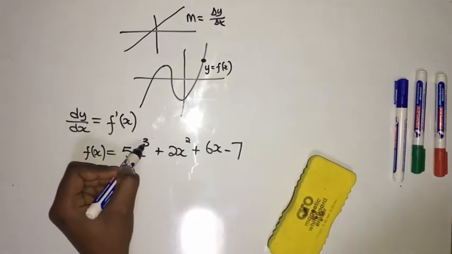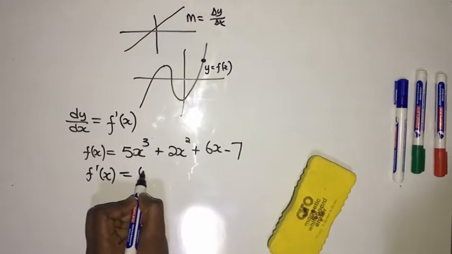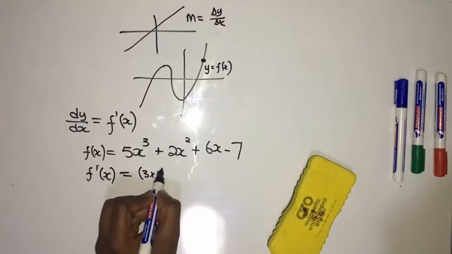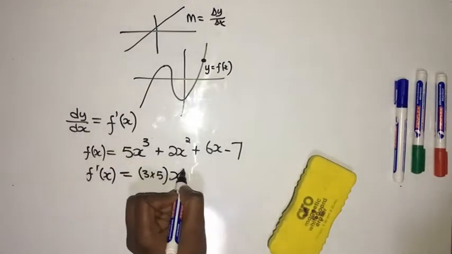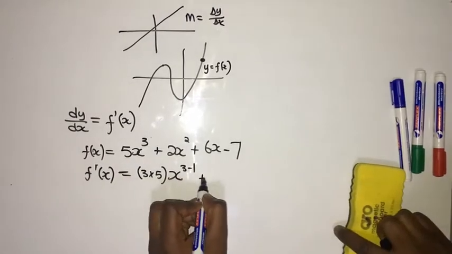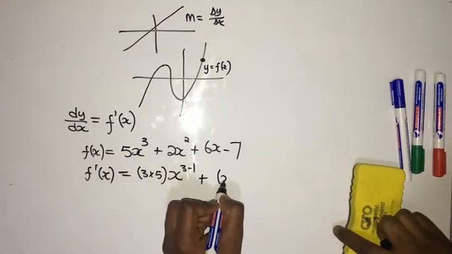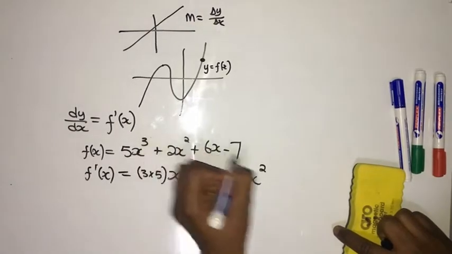We're going to say this is 3 multiplied by 5, so you're going to have 3 by 5, and then you still have x, and then that's to the power of 3 minus 1. Now we go to the second term, which is plus 2 by 2 x to the 2 minus 1.